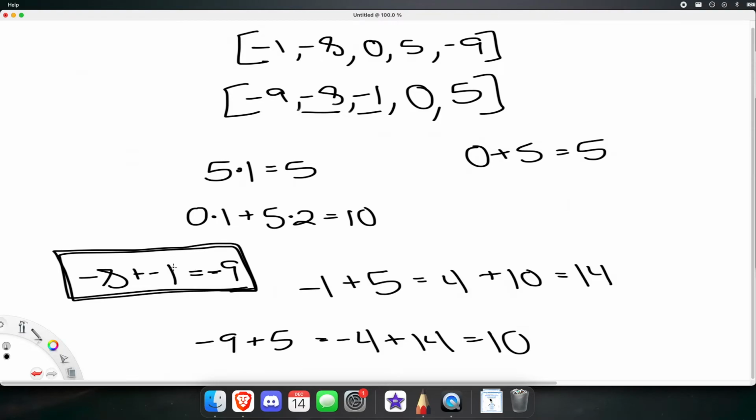And this is really all the information we want to know. We want to always take the positive numbers. What is the sum of the positive numbers we're taking? In this case, this is 0 plus 5.